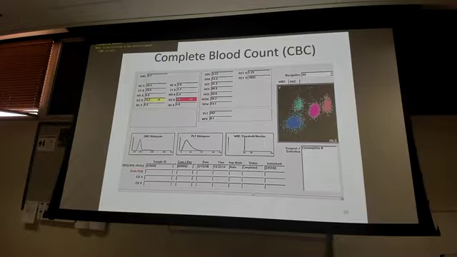This is really old, they don't look like this anymore, but just so you have an example of what a complete blood count will look like when you pull it up on your computer. The white blood cell count is on the top, and underneath it is the breakdown of each of those cells.